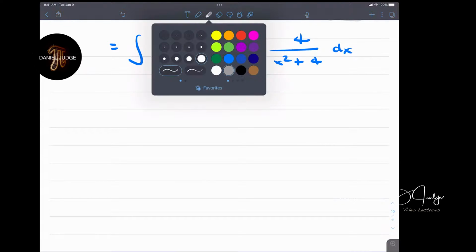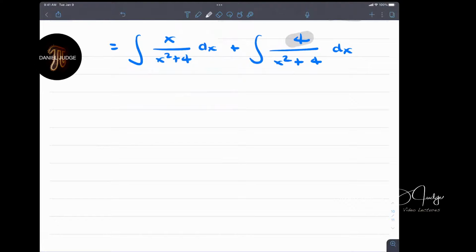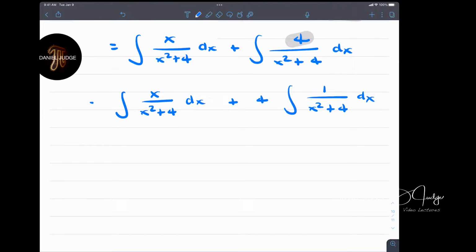Now recognize this, the second integral, a constant comes out. So I have x over x squared plus 4 dx, plus 4 times 1 over x squared plus 4 dx. Okay, so there's two integrals. Let me share with you guys this one.